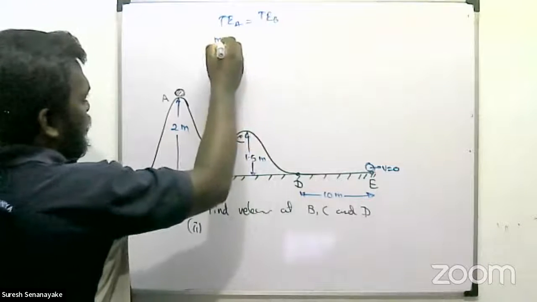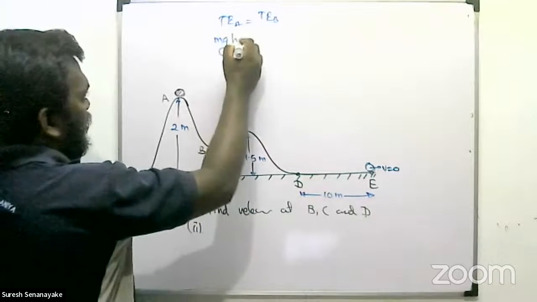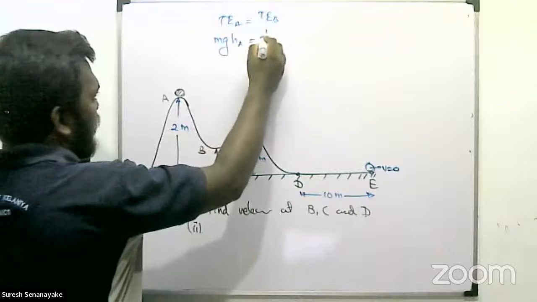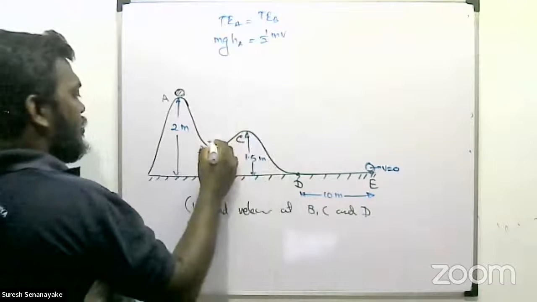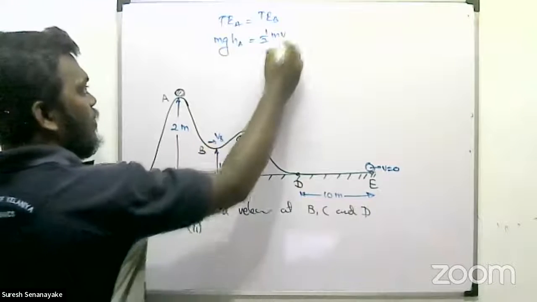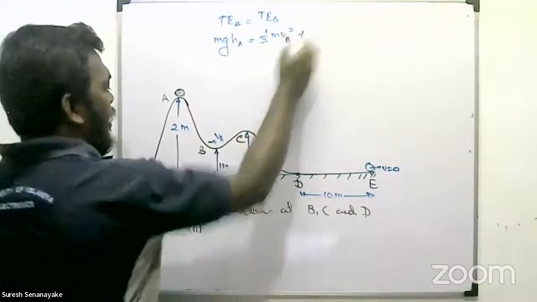This is mgh_A, and this is half m v_B squared, and let's say the velocity here is v_B.